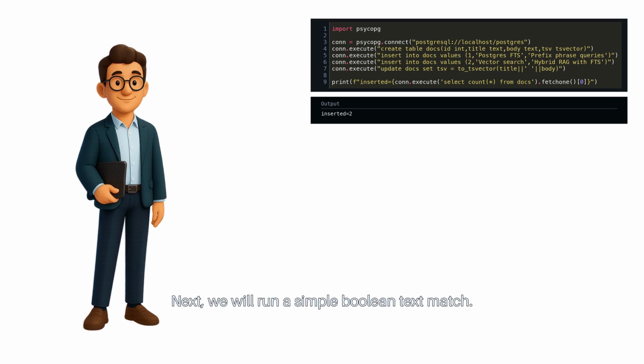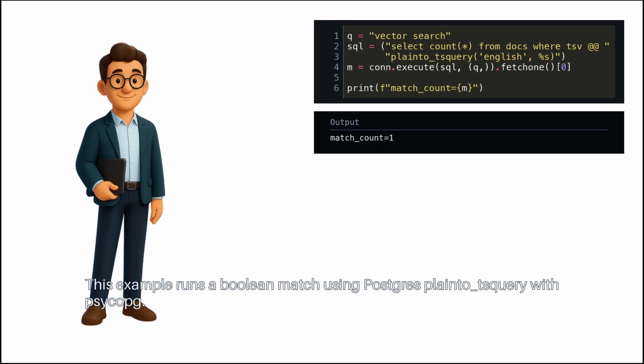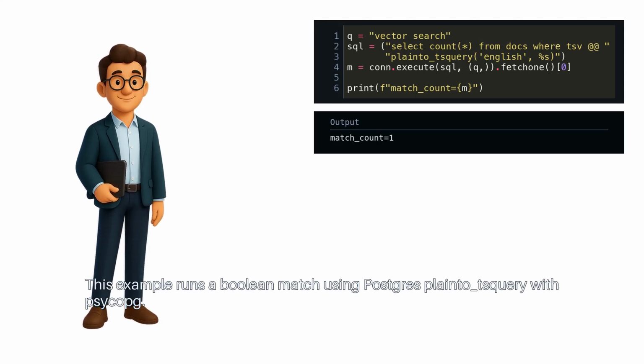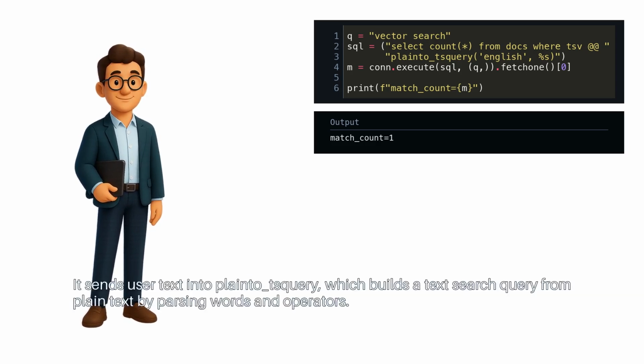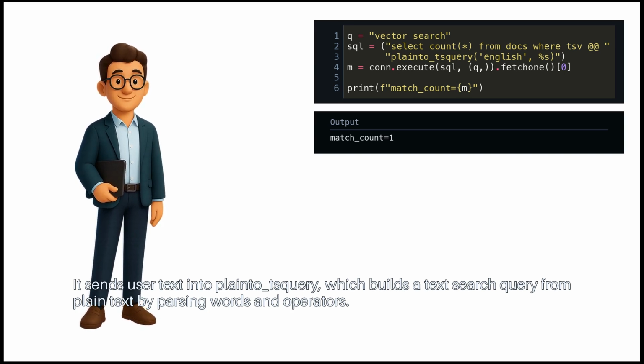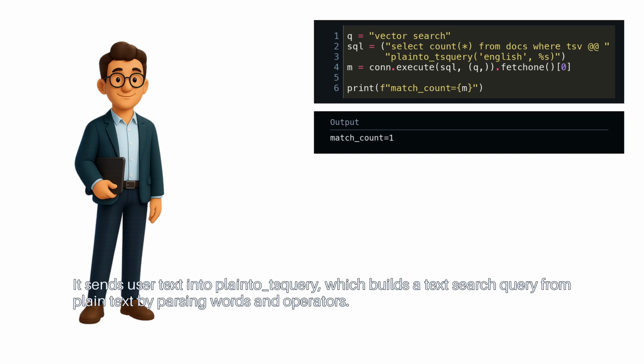Next, we will run a simple Boolean text match. This example runs a Boolean match using Postgres plainto_tsquery with psycopg. It sends user text into plainto_tsquery, which builds a text search query from plain text by parsing words and operators.